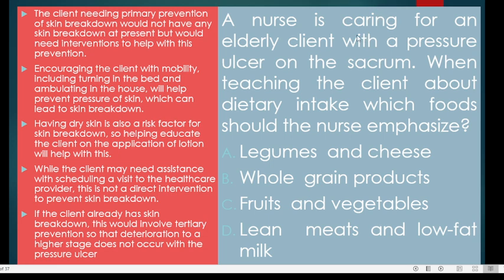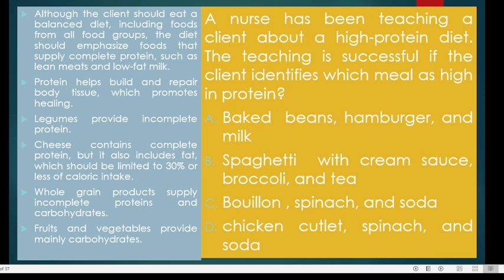A nurse is caring for an elderly client with a pressure ulcer on the sacrum. When teaching the client about dietary intake, which food should the nurse emphasize? We go for the complete protein, and that is lean meat and low fat milk. Okay?